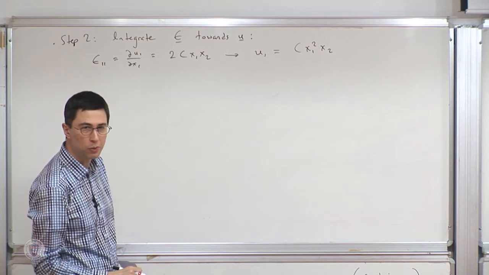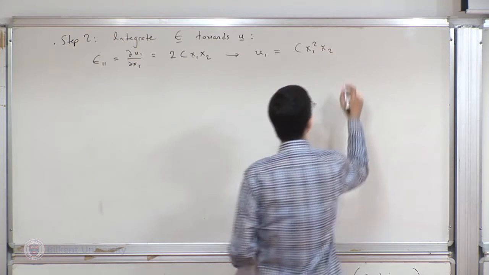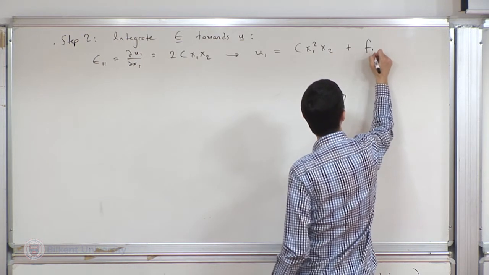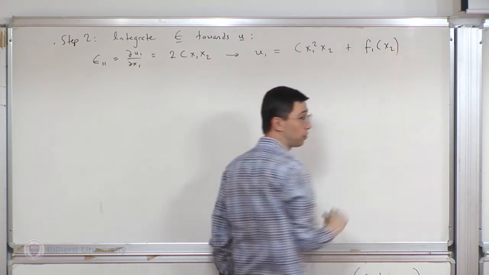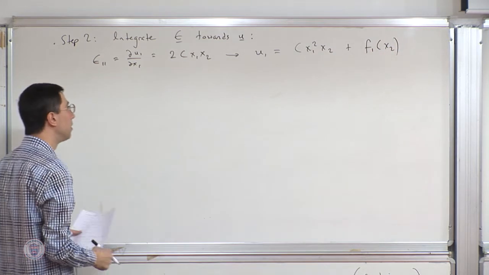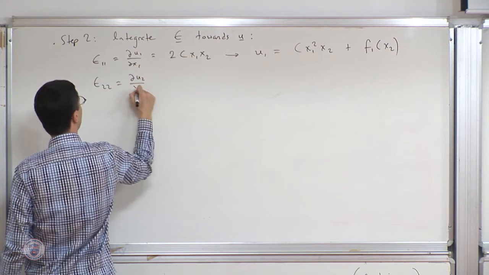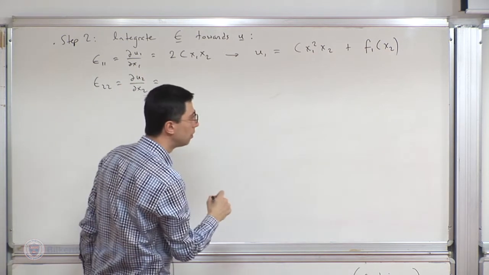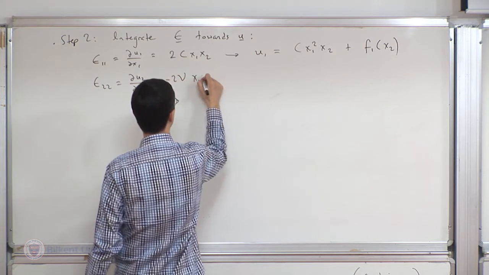So now let me ask you once again. Function of x2. Okay. So let me call that function f1 because it's an arbitrary function for the first component. It is a function of x2, and let's not forget that. Then I proceed with epsilon 2,2, del u2 over del x2, and that's equal to minus 2 nu c x1 x2.